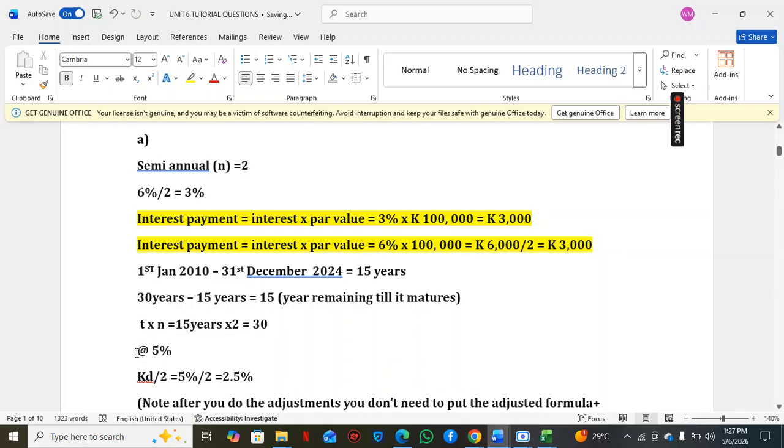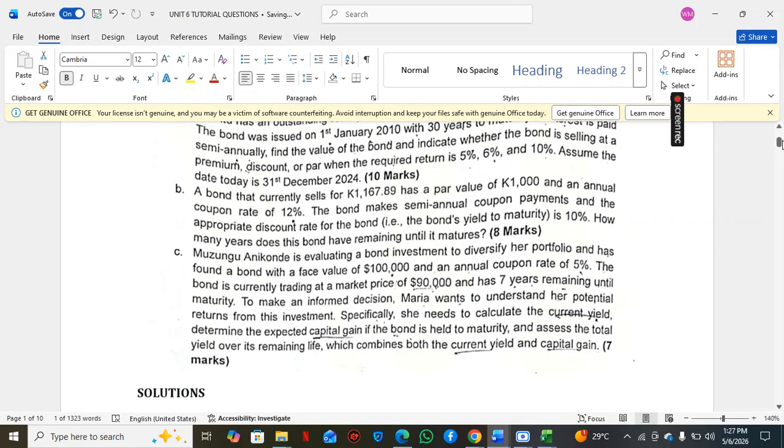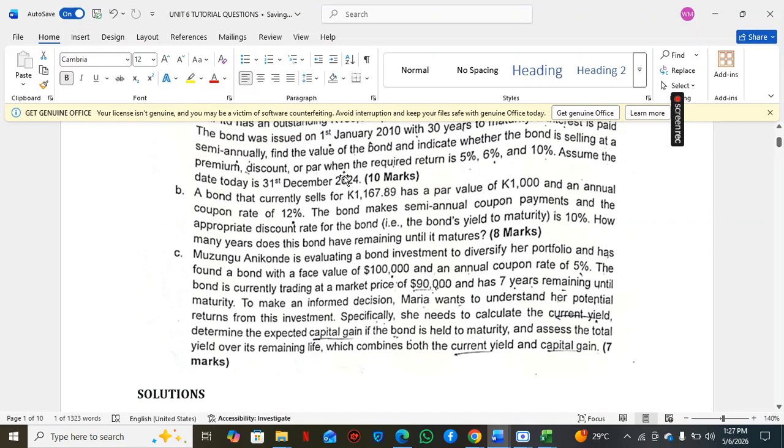We're using first a 5% required rate of return. This required rate of return, we're also dividing it by 2. Remember here in the question, it says when the required rate of return is 5%, then 6%, and then 10%.